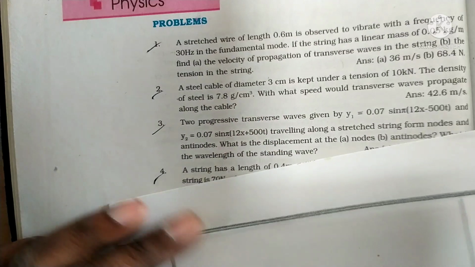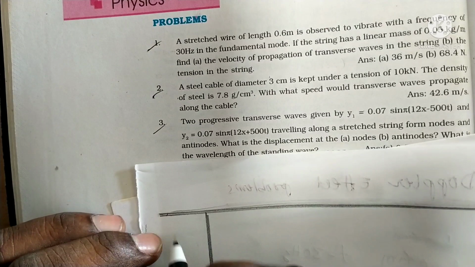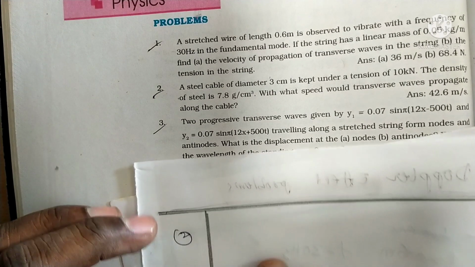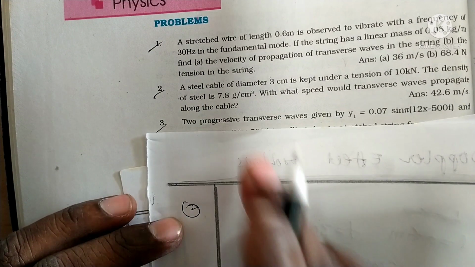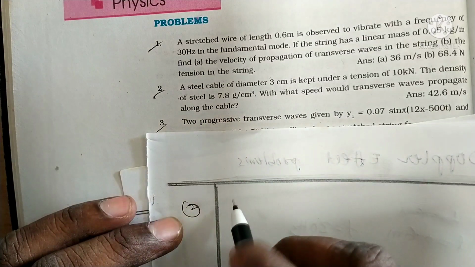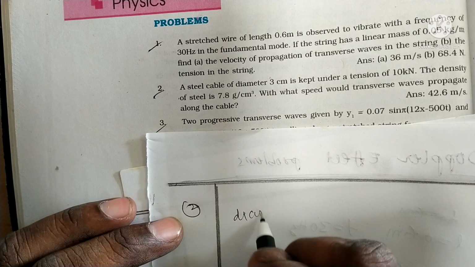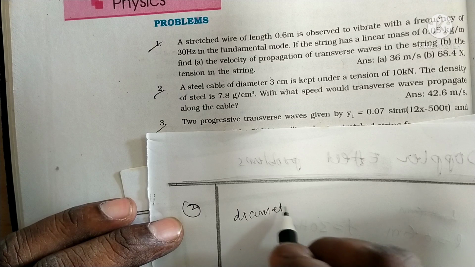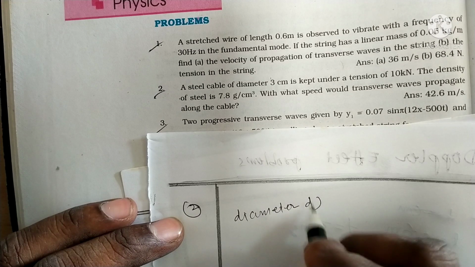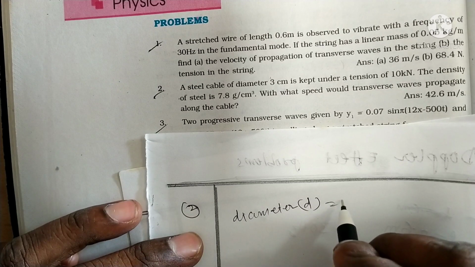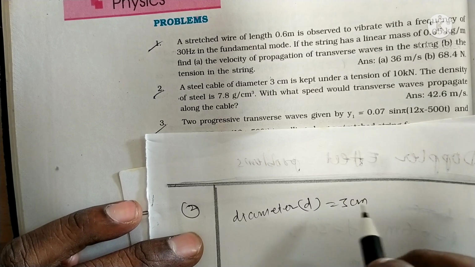Okay, let us solve that. Second problem, problem number 2. The diameter is given. Diameter is denoted by d, d is equal to 3 centimeter.